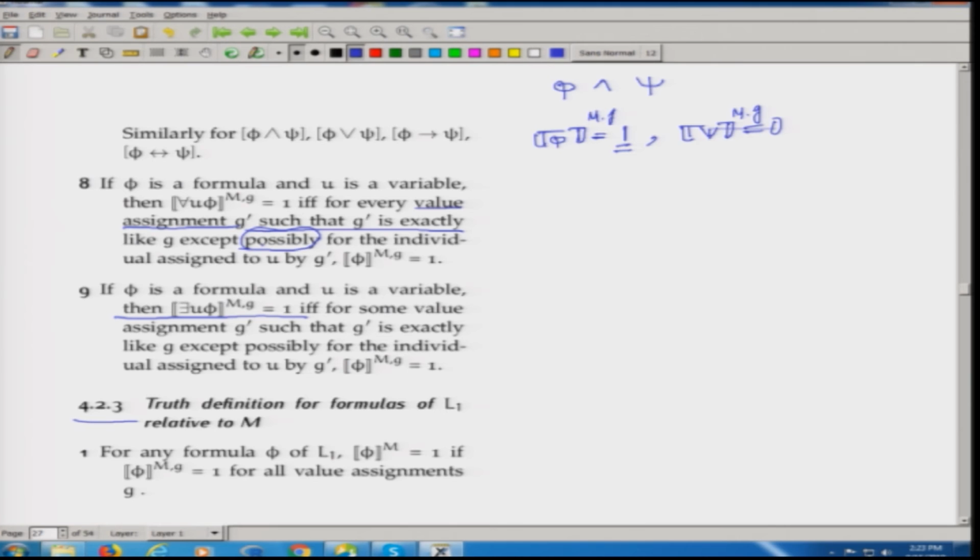Now, the meaning is something like this. We need this page. So, the initial G looks like this. X gets C, Y gets B, and Z gets A. This is the initial G. One value assignment, one certain G prime, then G itself.